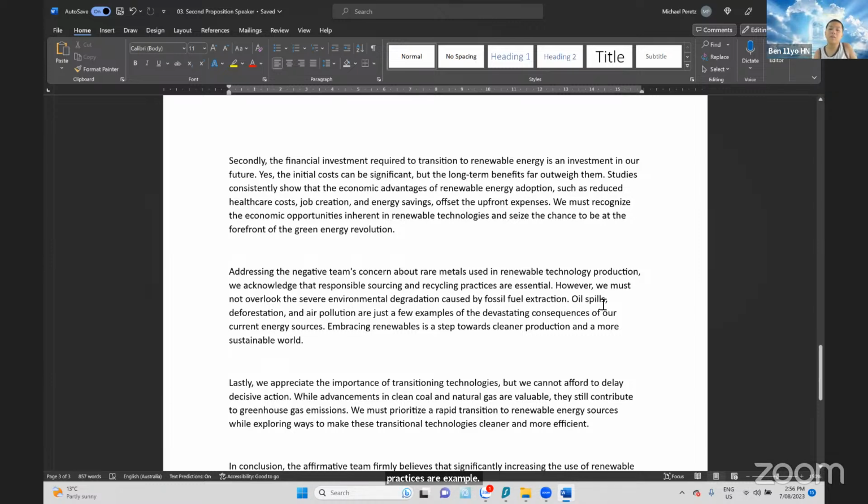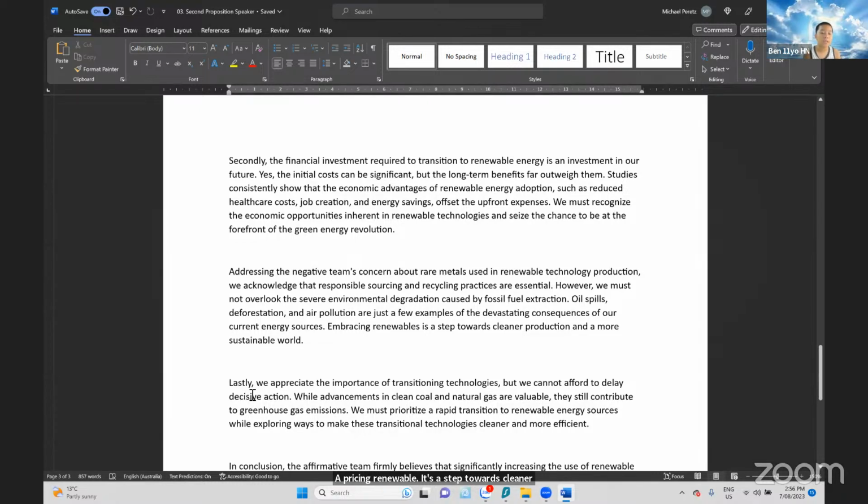However, we must not overlook the severe environmental degradation caused by fossil fuel extraction, oil spills, deforestation, and air pollution, which are just a few examples of the devastating consequences of our current energy sources. Embracing renewables is a step towards cleaner production and a more sustainable world.